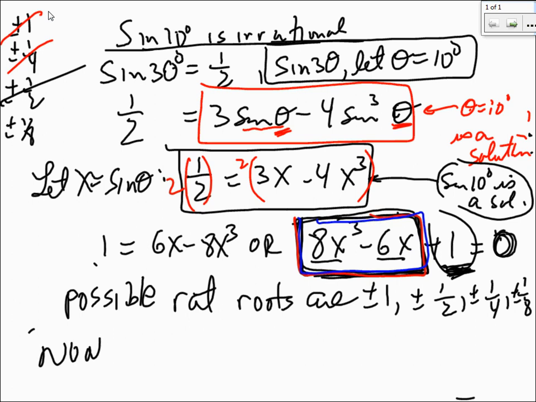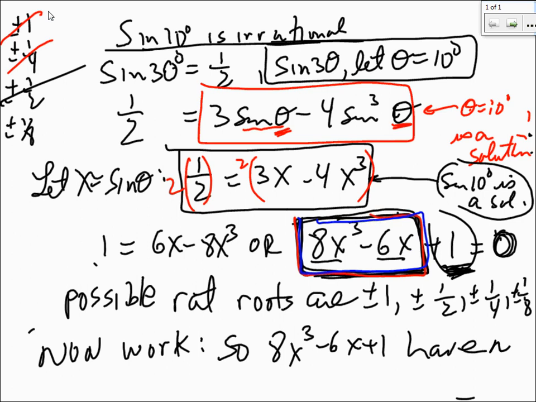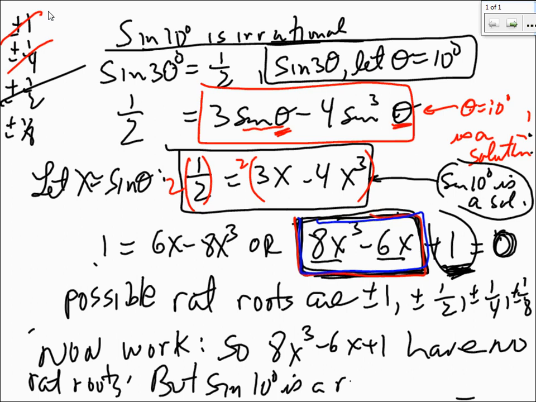None work. So 8x cubed minus 6x plus 1 has no rational roots. But the sine of 10 degrees is a root.